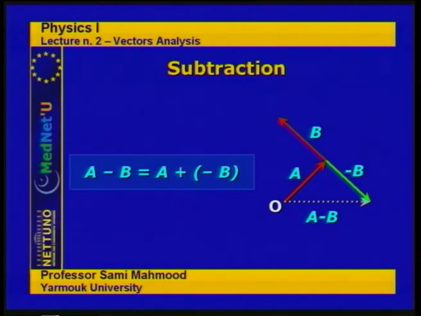So A minus B would be the dashed vector extending from point O to the tip of vector minus B, the green vector. This is the subtraction.